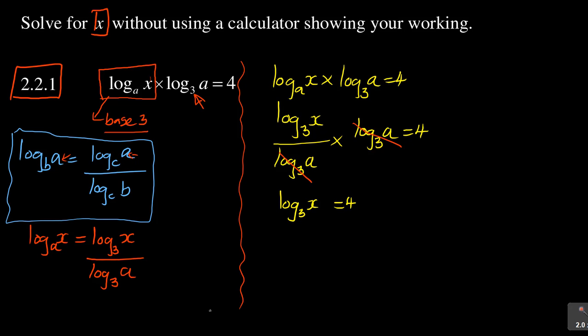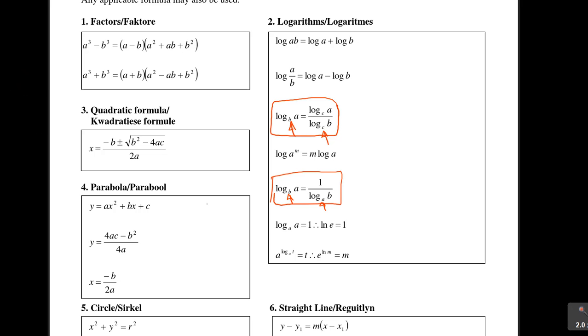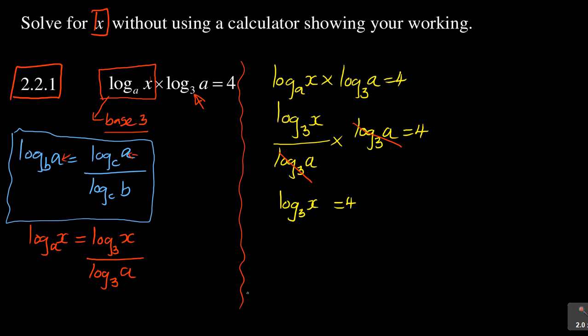Now these are log equations. Let me check on the formula if we have log equations. Unfortunately we don't, but you need to know that when you're working with log equations, you must change it into exponents.